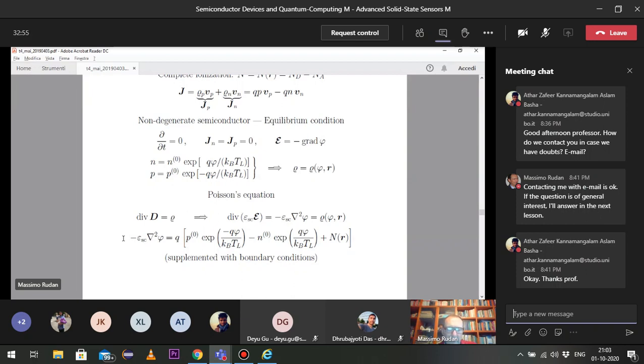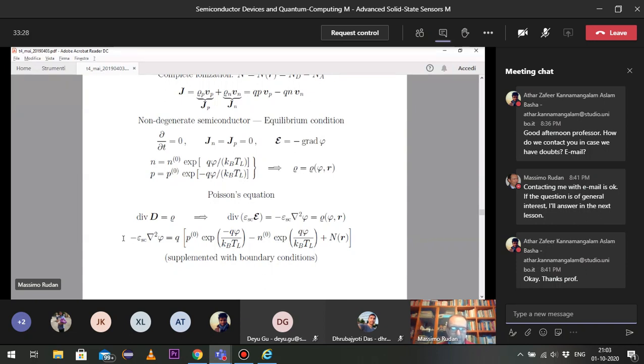And the right-hand side is simply the expression of the charge density in which the concentration of holes and electrons have been expressed explicitly as a function of the potential. So you see, we have reduced the full set of Maxwell equations in the special case of equilibrium to a single equation.